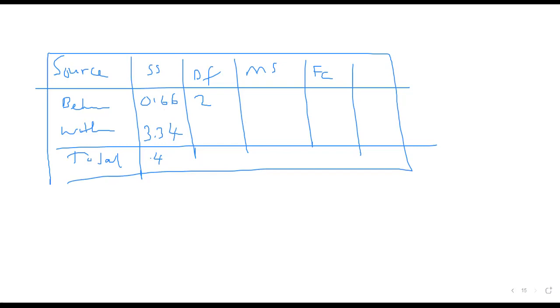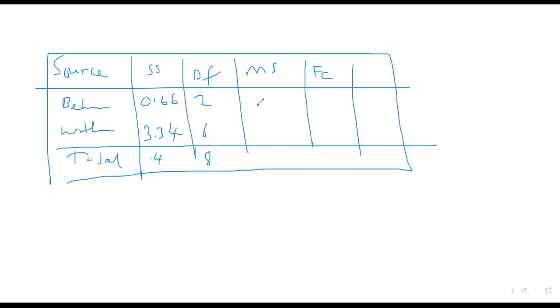Are we using the big N when subtracting or the small one? The big one. So N is 9, minus K is 3, which is 6. And for total, 9 minus 1 is 8.